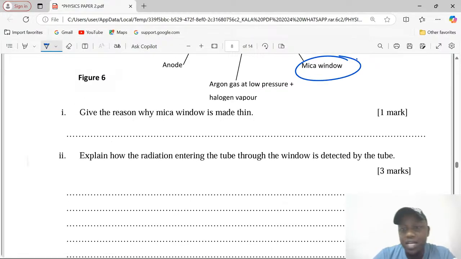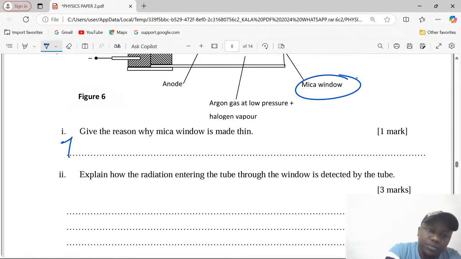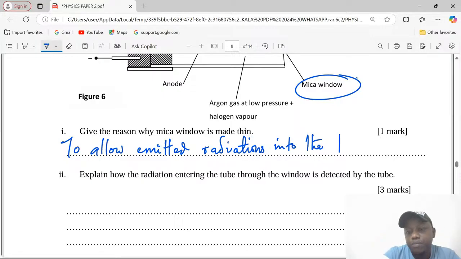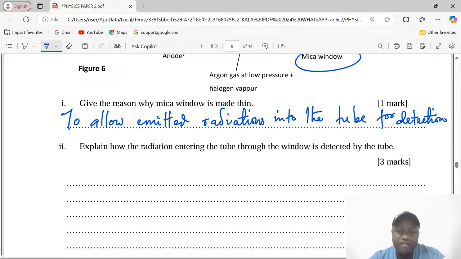The Mika window is made thin to allow emitted particles or radiations into the tube for detection.